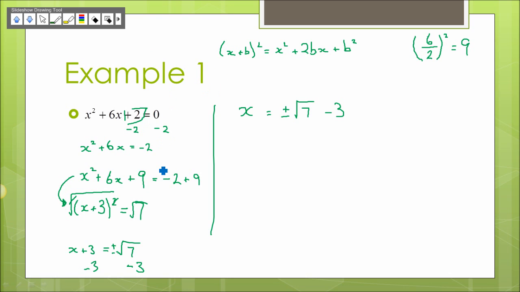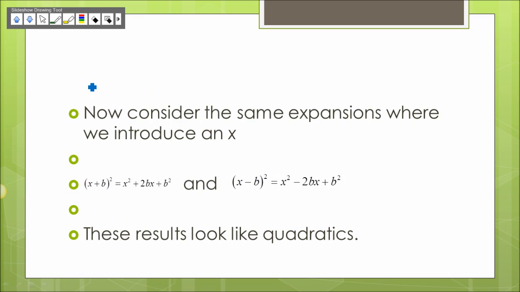And the number that we used inside the brackets here, the plus 3, was the same number that we used inside the brackets here. 6 divided by 2 was 3, and then we squared it to get our number that we added to both sides. Well, if we look back at our expansions, we've got two plus signs give us this expansion.